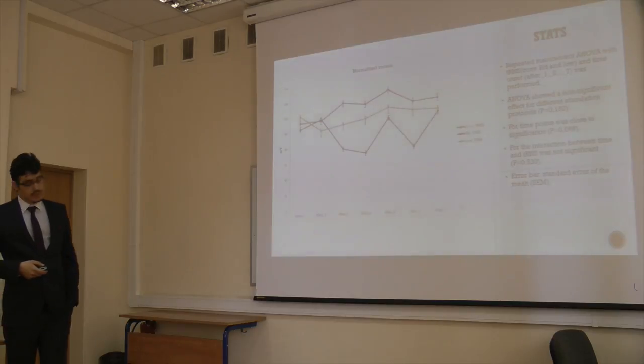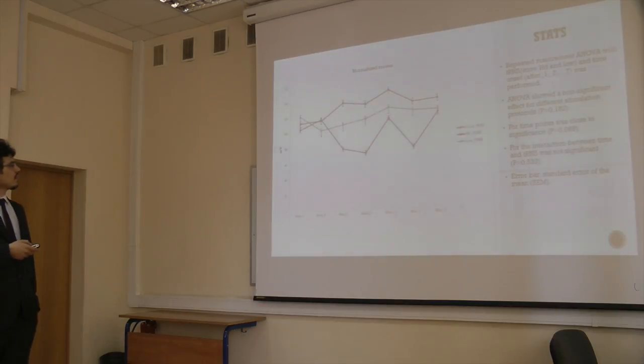Here we can see the results of the experiment. Here we have 3 groups. This is the conventional high frequency group, this is the low frequency group, and this is the HD stimulation group. Here we don't have significant effects, but we did a repeated measures ANOVA with 3 by 7 conditions, conventional, HD and low, after 1 till after 7, to see the effects.